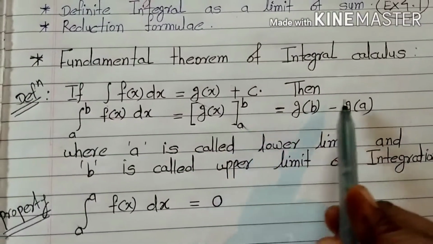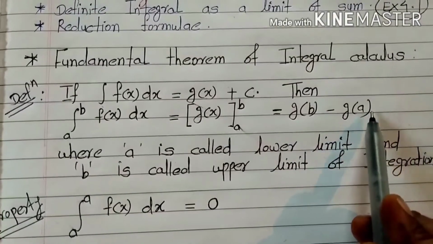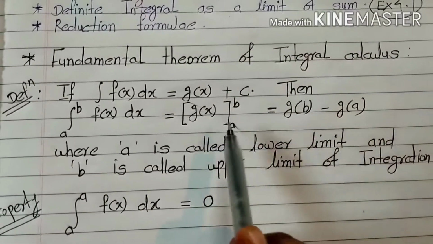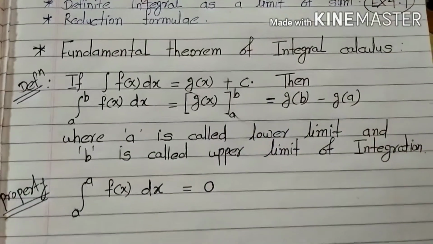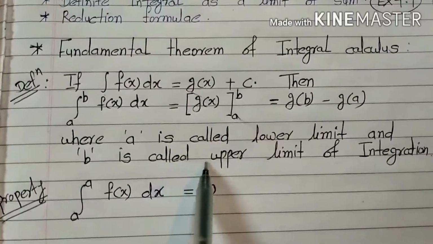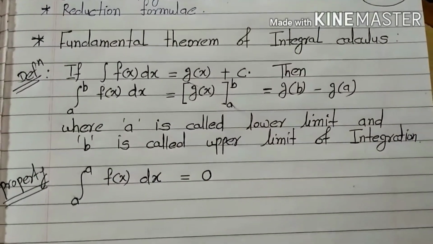So this is equal to g of b minus g of a, meaning first put the upper limit, then minus, and then put the lower limit. So here a is called the lower limit and b is called the upper limit of integration.